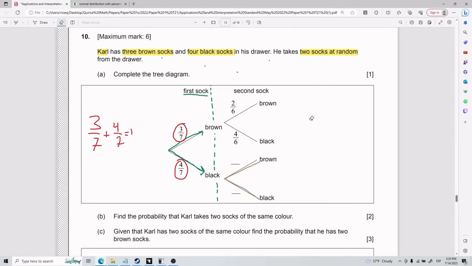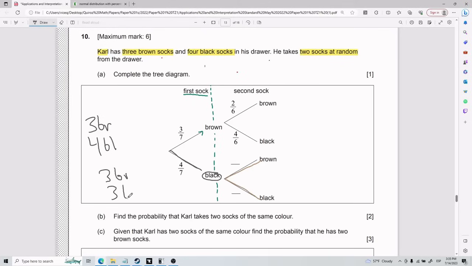So we understood much better what is going on in the tree diagram. What we need to fill out is this stuff on the bottom. If on the bottom I pick the black one, how many black ones do I have left? Well, if I used to have 3 brown and 4 black, then for the path on the bottom, I now have 3 brown and 3 black.